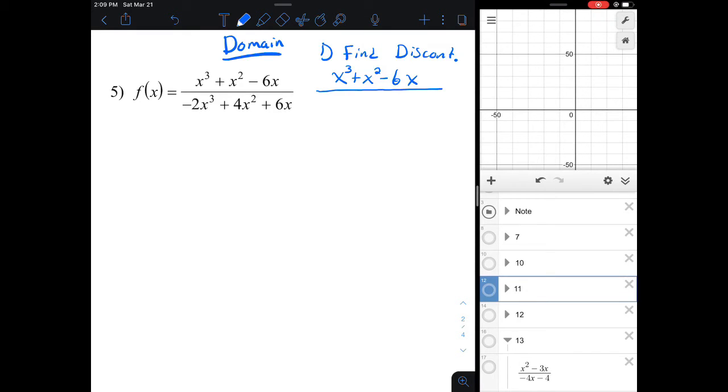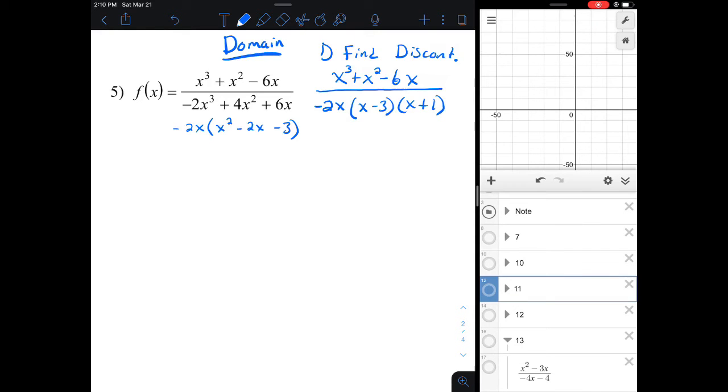And I have a common factor of negative 2x. So if I pulled out a negative 2x, that leaves me with x squared minus 2x minus 3, which that trinomial could factor to be x minus 3 times x plus 1.